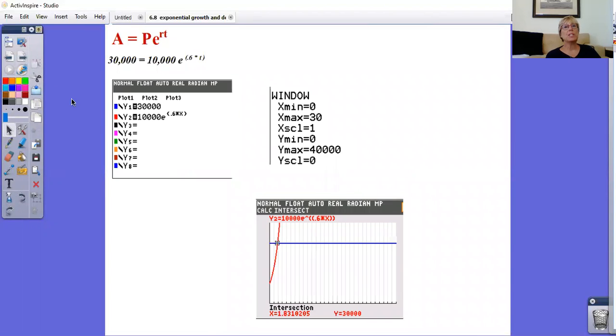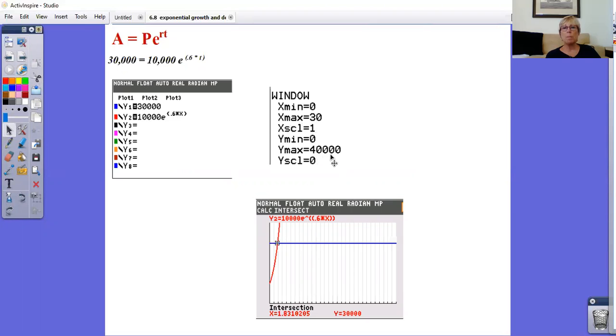If we want to do the same problem on the calculator, left side goes in y sub 1 and the right side goes in y sub 2, and I always put my exponent in parentheses, so I have 0.6 times, that's just a times x. I used my window. I just went from 0 to 30 because I was looking for time in days. And notice my Y max, I put at 40,000.